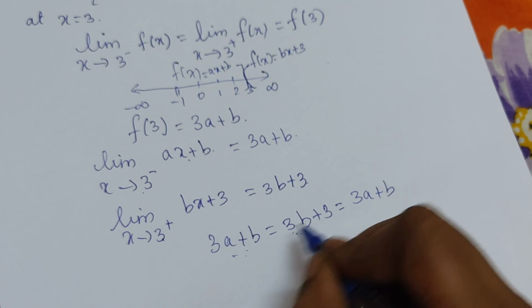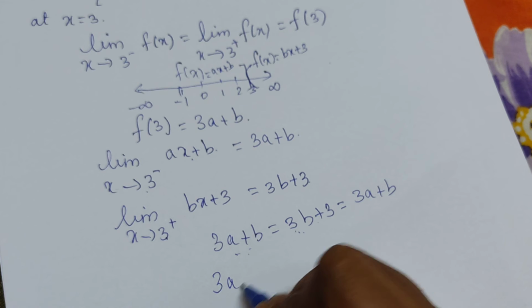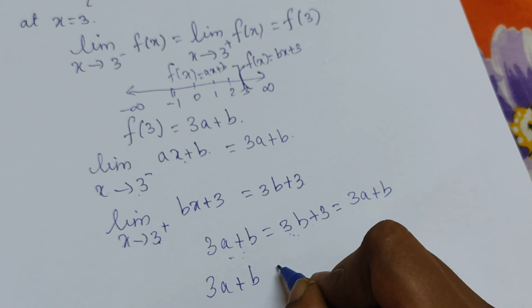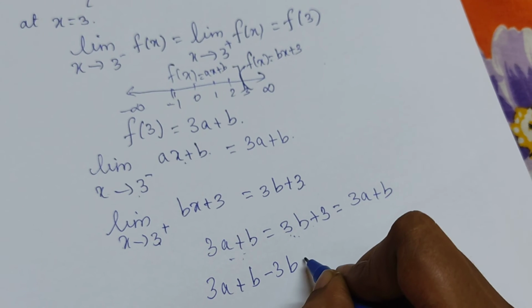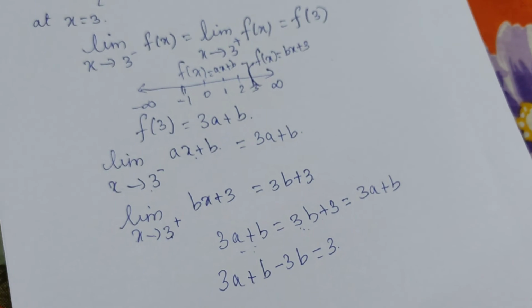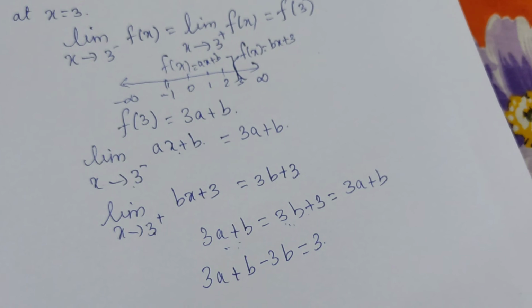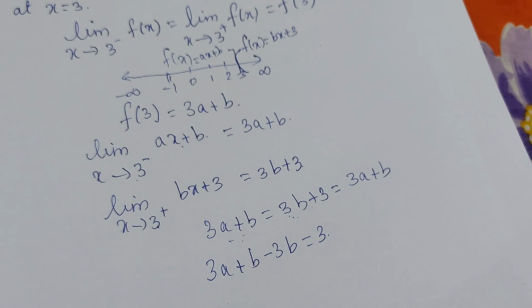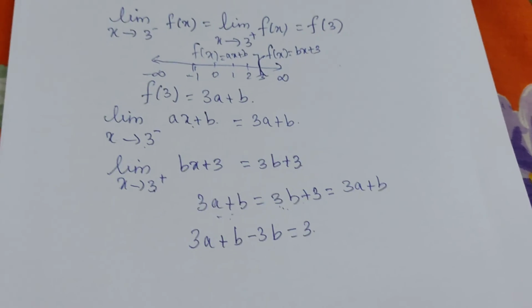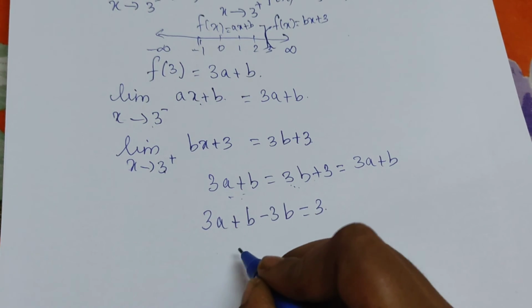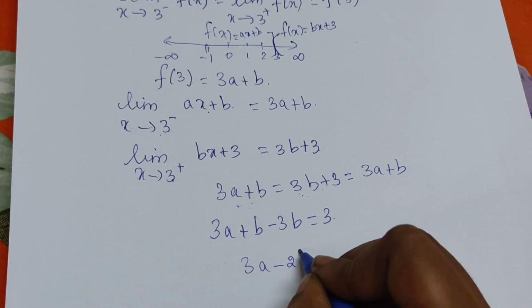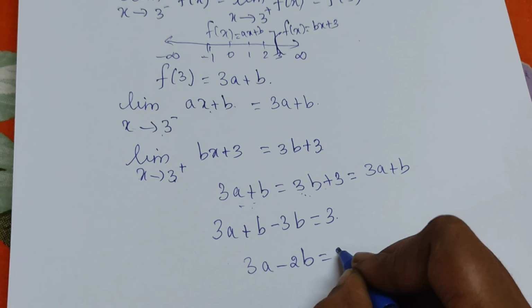So I am considering the first two expressions. 3a plus b minus 3b equals 3. So we will get 3a minus 2b equal to 3.